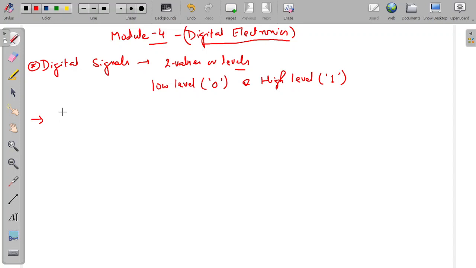These are fundamentally made up of the same elements that we use for building amplifiers also. BJTs and FETs, that is field effect transistors, are used for constructing digital circuits.